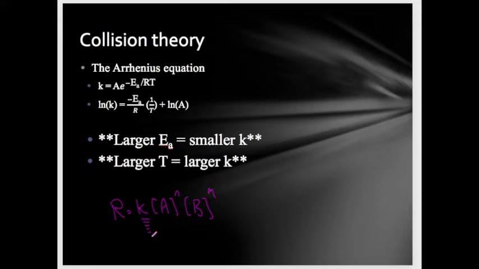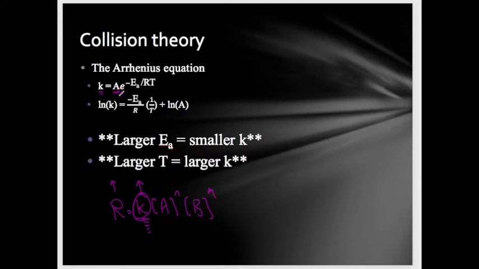Well, it doesn't take a mathematical genius to understand that the higher the K value, the higher the rate will be, the faster the reaction will be. So we may then be interested in, what does this K value depend on? And there's a really important equation called the Arrhenius equation right here that actually allows us to calculate the K for a reaction in theoretical terms.